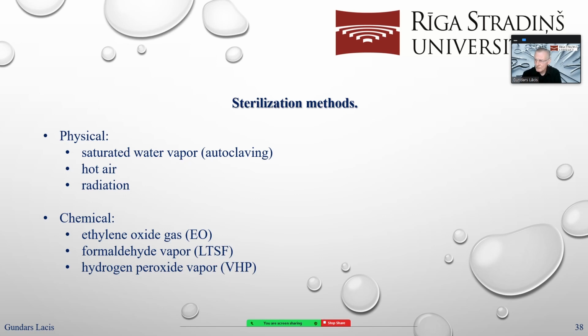Low temperature steam with formaldehyde has a shorter cycle, but formaldehyde is really dangerous for us and for nature. Hydrogen peroxide is also a low temperature method, approximately 60 up to 70 minutes. It's more or less really nice, but we have to remember that hydrogen peroxide is aggressive, and not everything can be sterilized by this method.